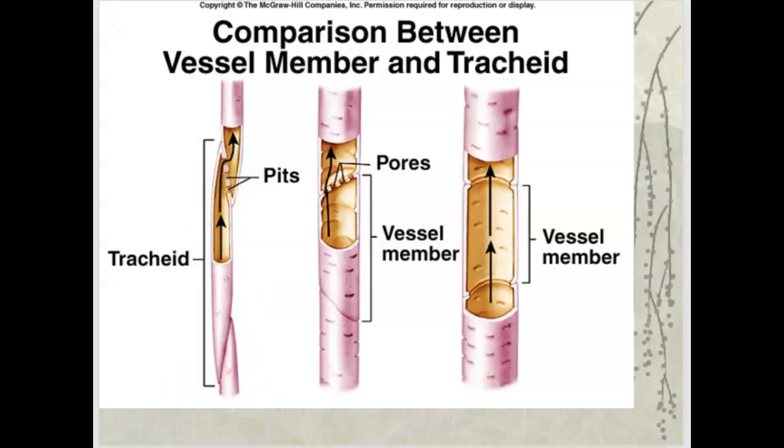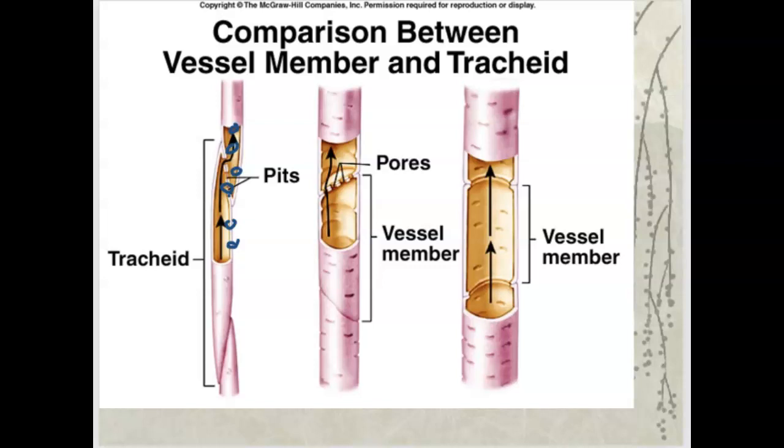And the goal here is as water is flowing up, and minerals and nutrients, they go up through those pits and it helps prevent backflow. So think about your body. Blood goes from your toes up to your heart through the venous system, the veins. What prevents it from flowing back to your toes in that same vein? Little flaps called valves. So that's the concept I want you to think of here.